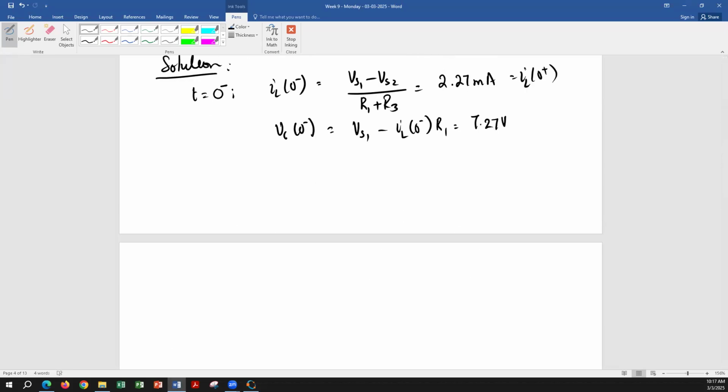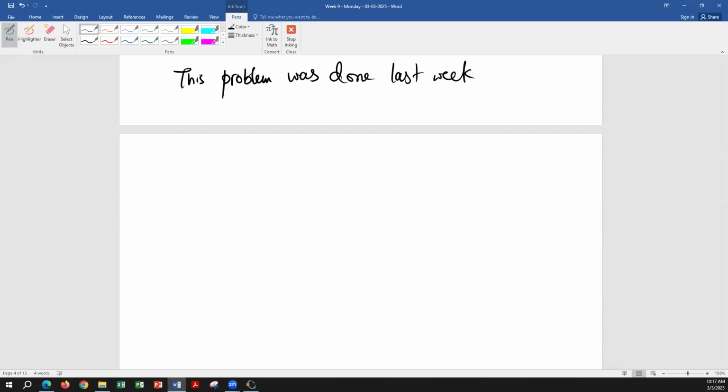So let's write down this problem. This problem was done last week. Let me write down, it's a critically damped circuit.